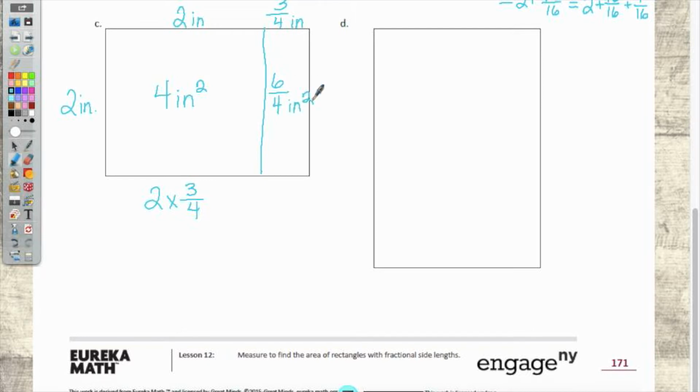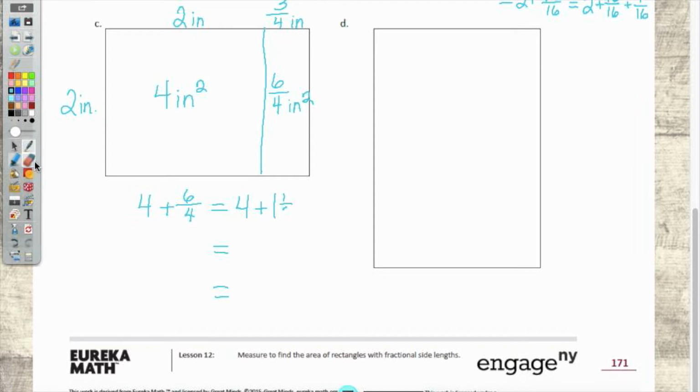So now to get my answer, I'm going to add 4 plus 6/4. Well, I think I can go ahead and change it, can't I? So what's 6/4? 1 and a half. 1 and 2/4.